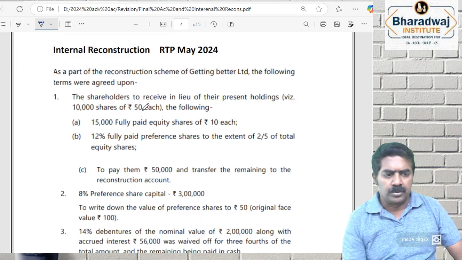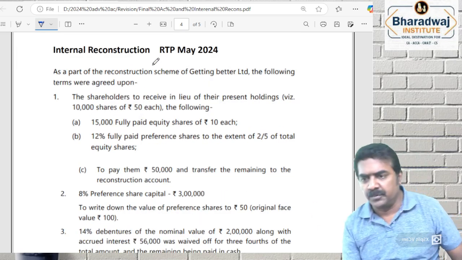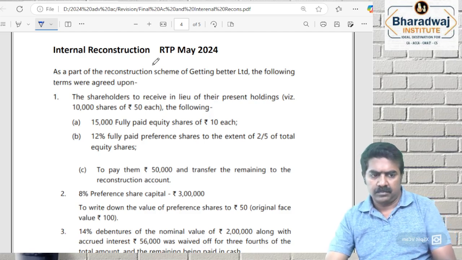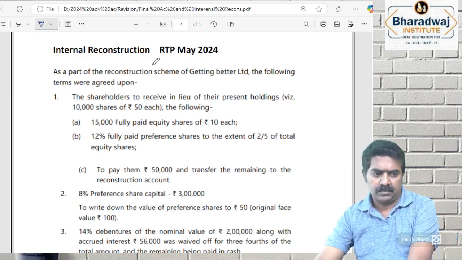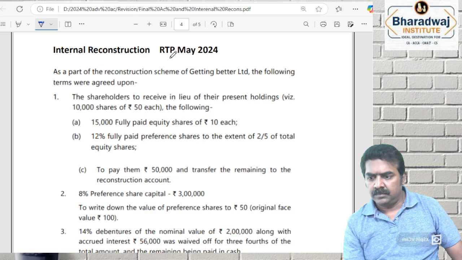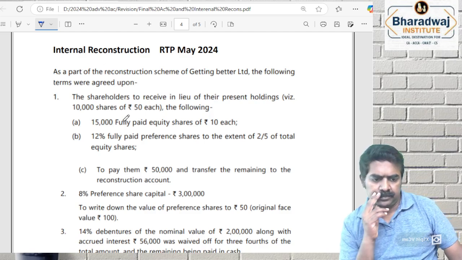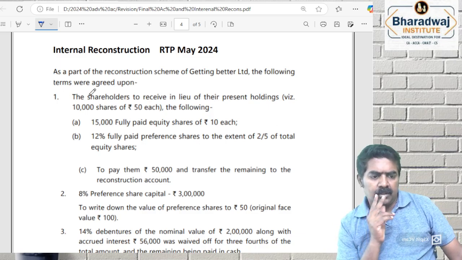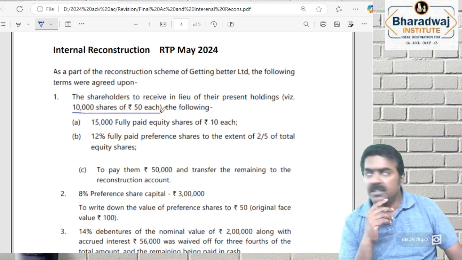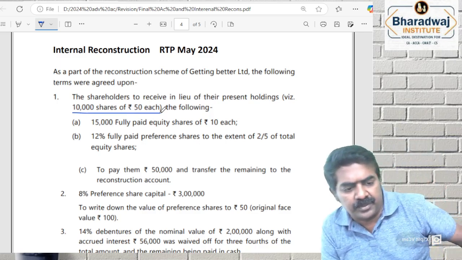Please go through this RTP May 2024 question paper. To the shareholders, against the present holding of 10,000 shares of 50 each, they will cancel 10,000 shares of 50 each.